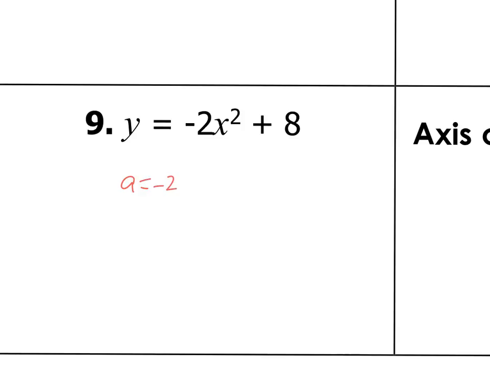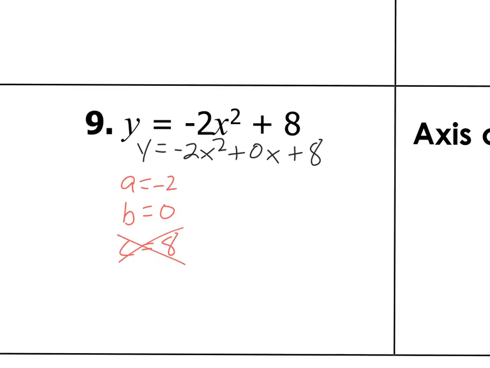So we could rewrite this as y equals negative 2x squared plus 0x plus 8. We're not really changing anything because 0x is nothing, but it makes it clearer what B is going to be. So B is going to be 0, and C is 8, which we don't really use, at least not yet.